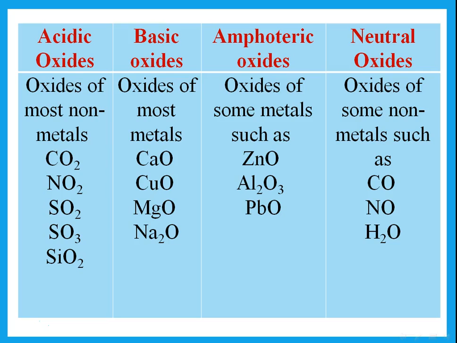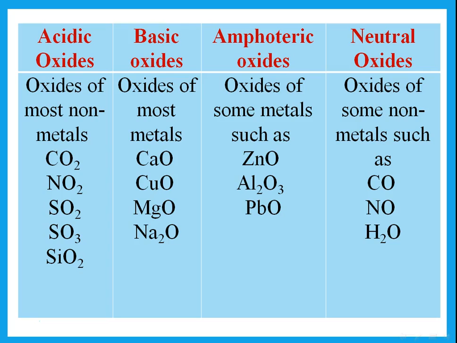Some oxides of non-metals are neutral. Can you see where neutral is? Which ones are neutral? Carbon monoxide is neutral. So carbon dioxide is acidic, but carbon monoxide is neutral. Neutral means doesn't react with acid, doesn't react with base. Nitrogen dioxide is acidic, but nitrogen monoxide is neutral.